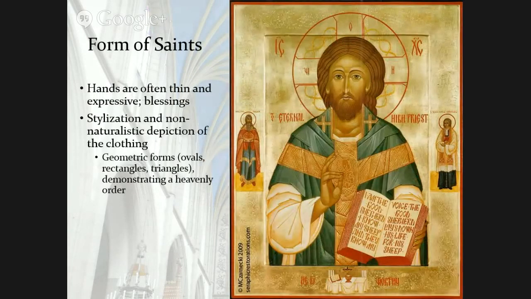So other aspects of them, you see very thin hands, expressive fingers, blessing many times. Clothing is very stylized. It's not trying to show the smooth flowing folds of the cloth, but becomes almost geometric at times.